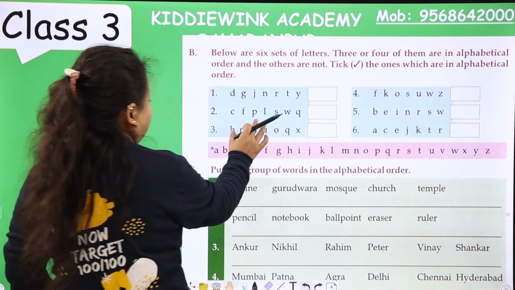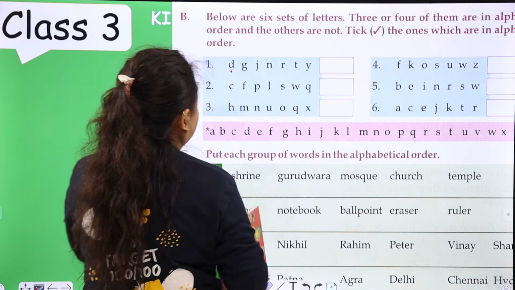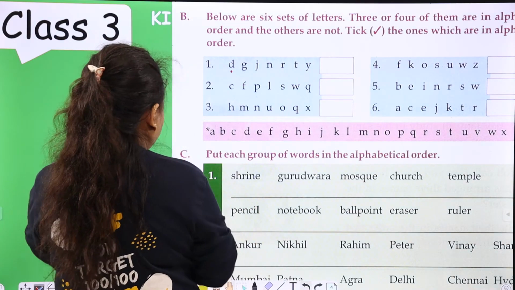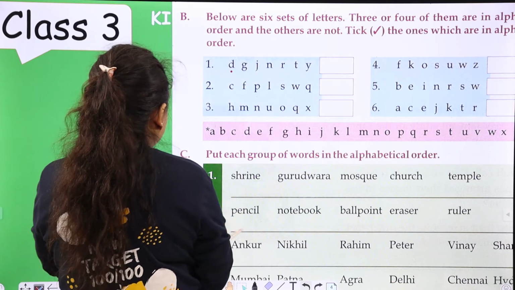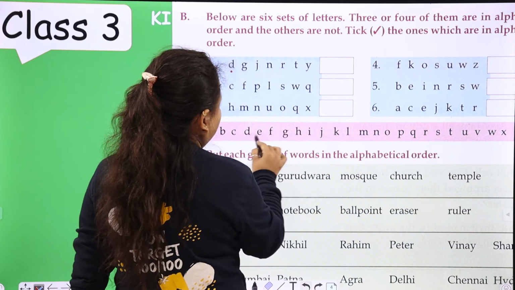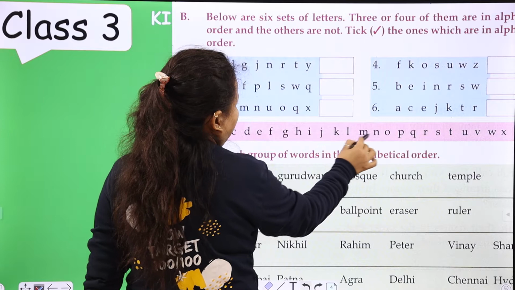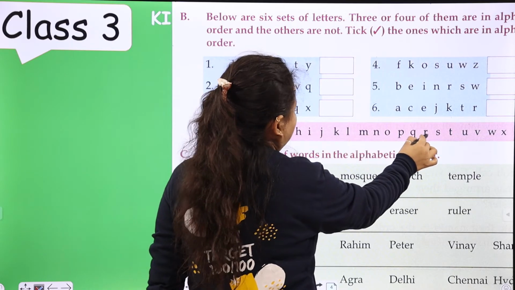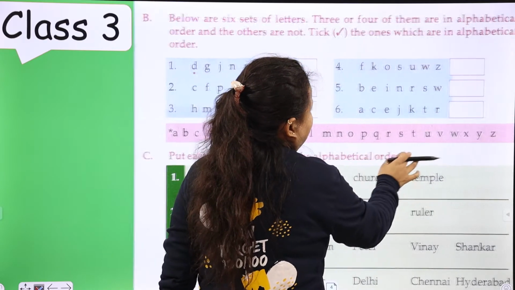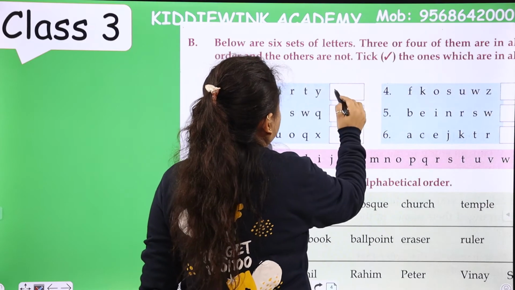Like, first is D, G, J, N, R, T, Y. So, D, G, J, N, R, T, and the last is Y. So, this is right.